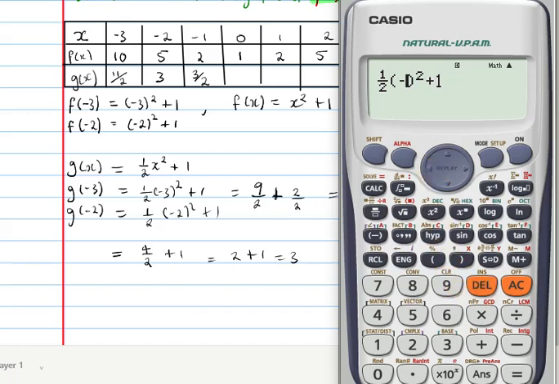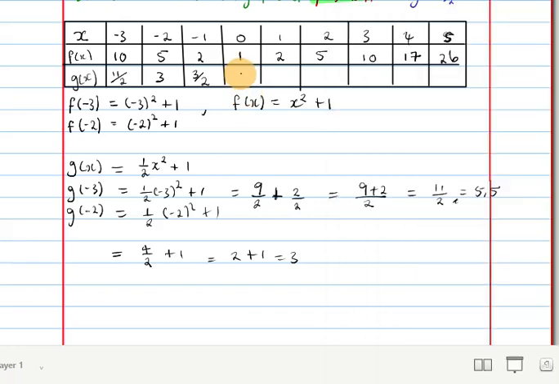Bring back our calculator now. By changing the inputs, we have to plug in 0. But you get 1. So here becomes 1. Okay, because minus 1 squared and 1 squared are the same thing, that means here it will be 3 over 2. When you plug in 2, since minus 2 squared and 2 squared are the very same thing, you get 3, and then here you get 11 over 2.